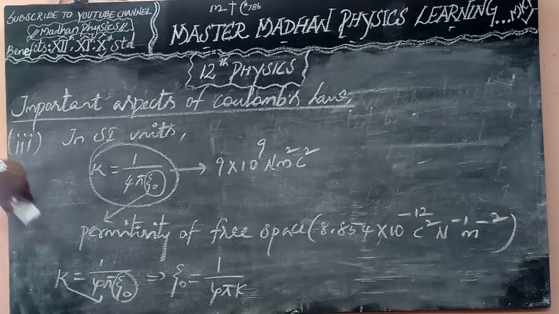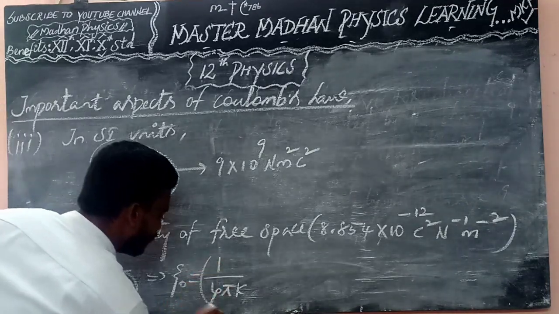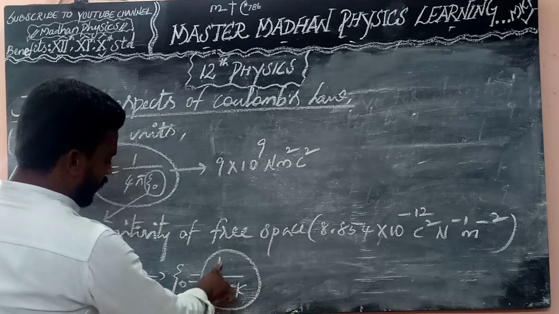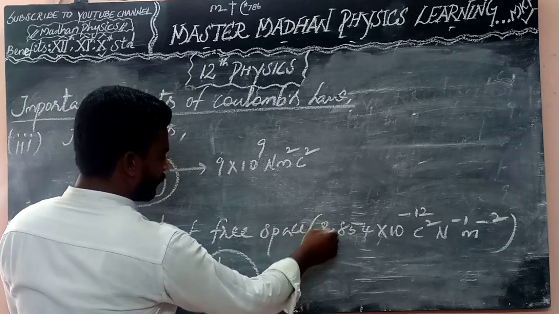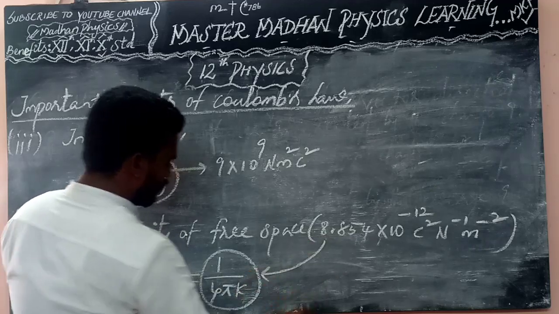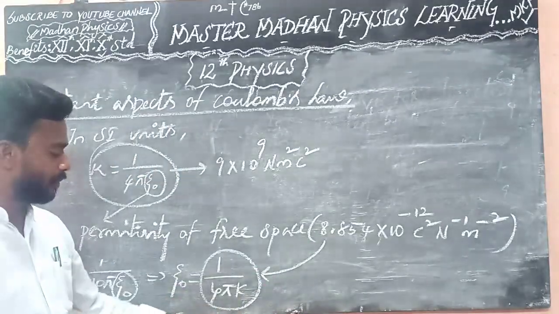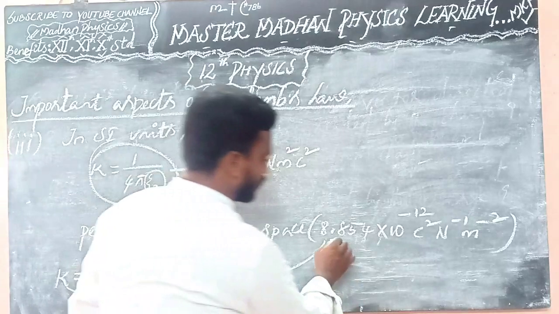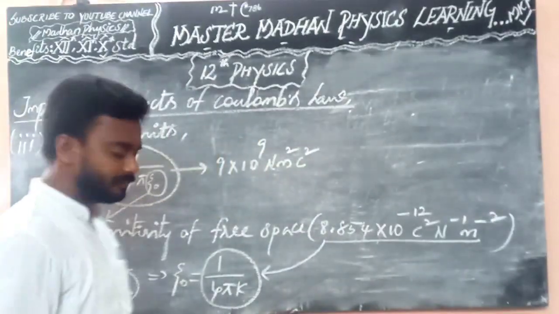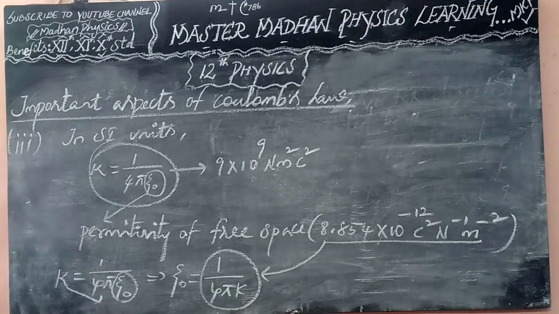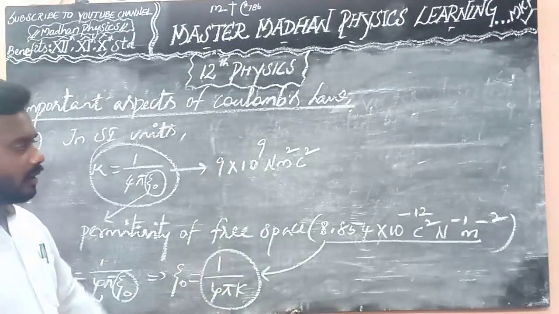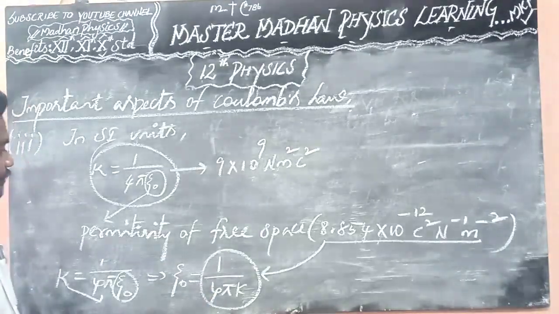So this value, 1 by 4 pi K, is epsilon naught. Okay, keep that in mind. So this is the third point.